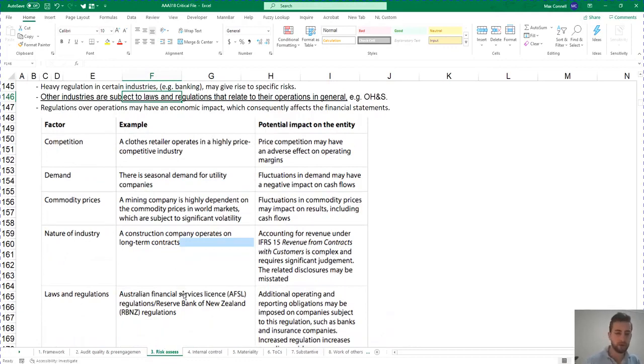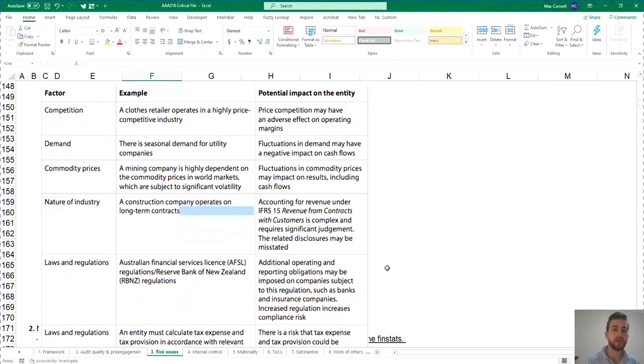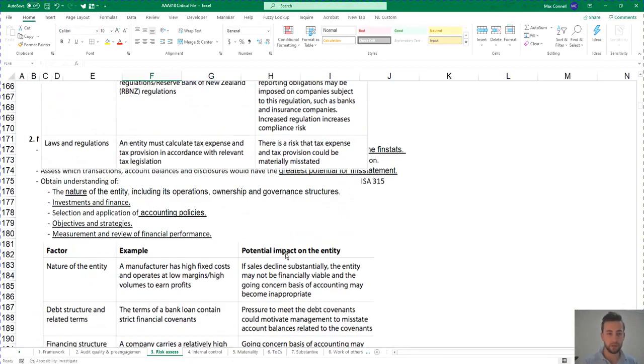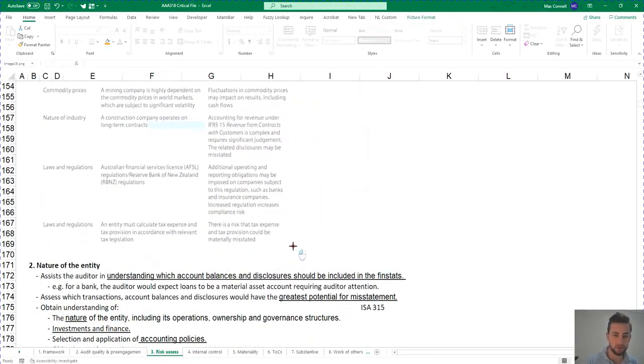Well, we know that the AFSL, the financial services licence regulations, impact how businesses do their work and the penalties if they don't do it in the right way. And then finally, what could be the impact on this particular entity specifically? In this case, additional operating and reporting obligations may be imposed on companies such as banks and insurance companies due to regulation: increased regulation, increased compliance risk. So that's just an example.